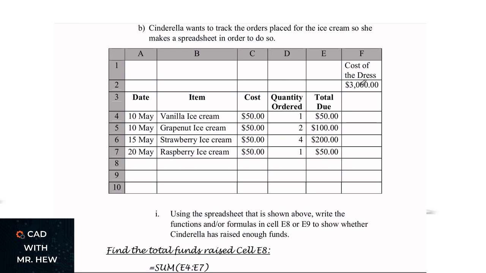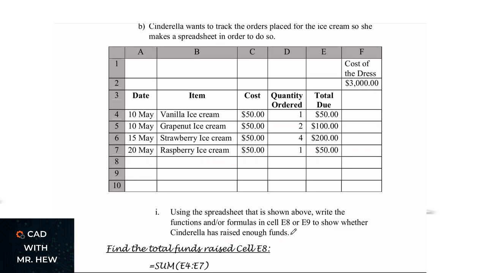And here we have the cost of the dress. It says using the spreadsheet shown above, write the functions and or formulas in cell E8 or E9 to show whether Cinderella has raised enough funds.